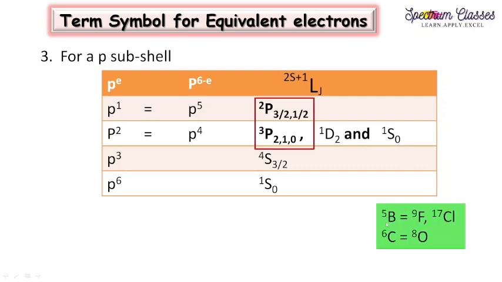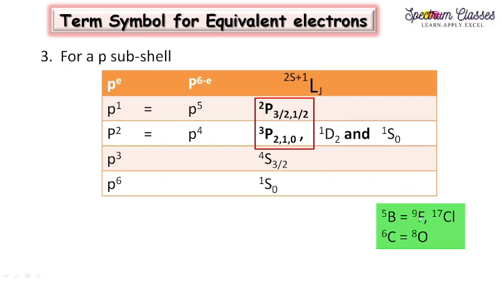Now I am coming to the examples. 5B. So 5B is equal to what? 1s2, 2s2, 2p1. So this is p1 configuration. So p1 configuration belongs to 2P. Right. Here I also mentioned the J value. So for J values, if it is less than half filled, the lower J value is the ground state.